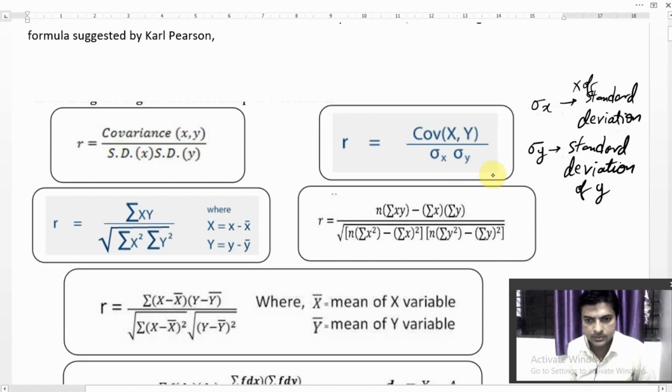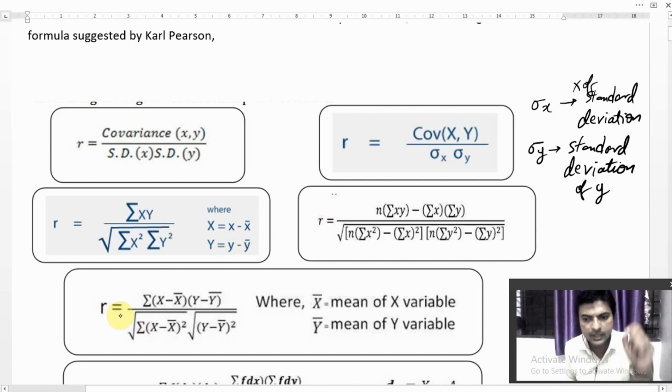Like this, next we have r is equal to summation xy divided by square root of summation x square into square root of summation y square, where x and y are given in this mean form, so x minus x bar, y minus y bar, where x bar and y bar are the means. This is the same correlation given in this form also.